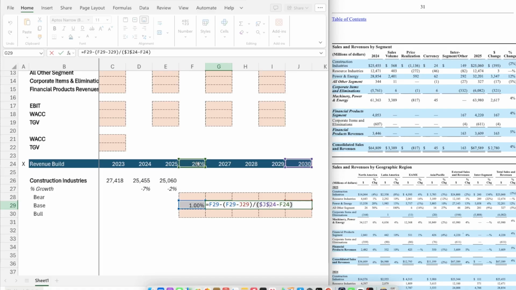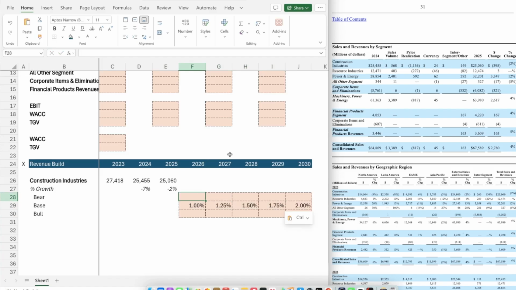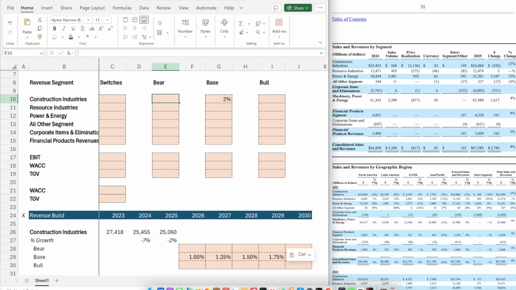This one, the row will always be the same but the column will be different, so we just lock in the row. For these, it would be the column but not the row. There we go. Pull that along. And let's put base being 95%, 105%.